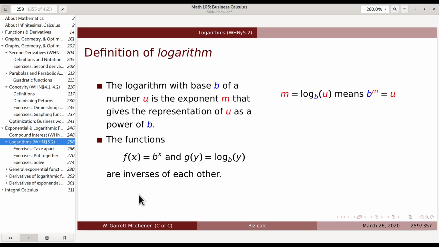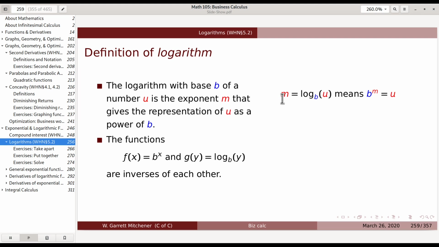Now, here is the general definition of a logarithm. You can use any positive number. For our purposes, it only makes sense to use bases that are greater than 1. So you can use any number for your base that's greater than 1. The logarithm with base b of a number u is the exponent m that gives the representation of u as a power of b.